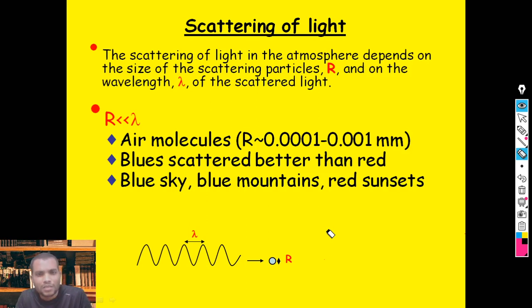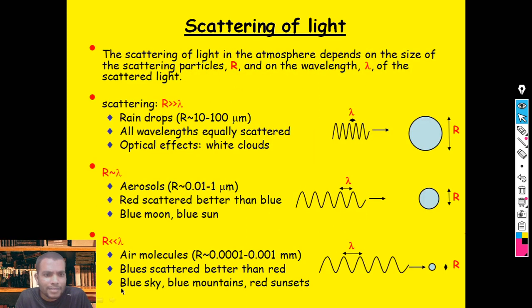This is the same reason we can understand why sunsets and sunrises do not appear blue, but change to red or orange colors. So this is all, finally, I can say: different sizes of particles interact with different wavelengths of light.